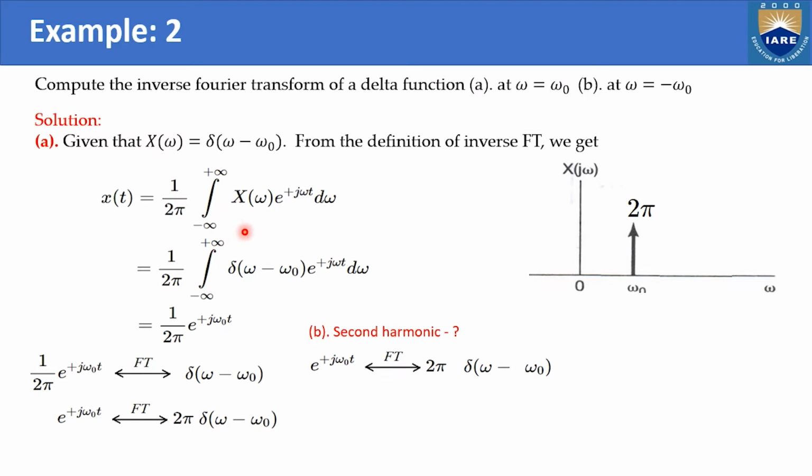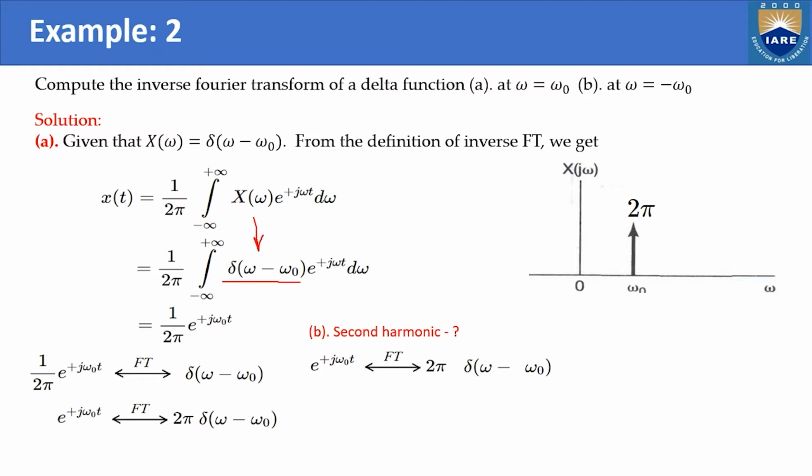Substitute a delta function at omega equal to omega naught. Omega minus omega naught equal to 0, I have to write. The argument always I should keep 0. Then omega equal to omega naught.